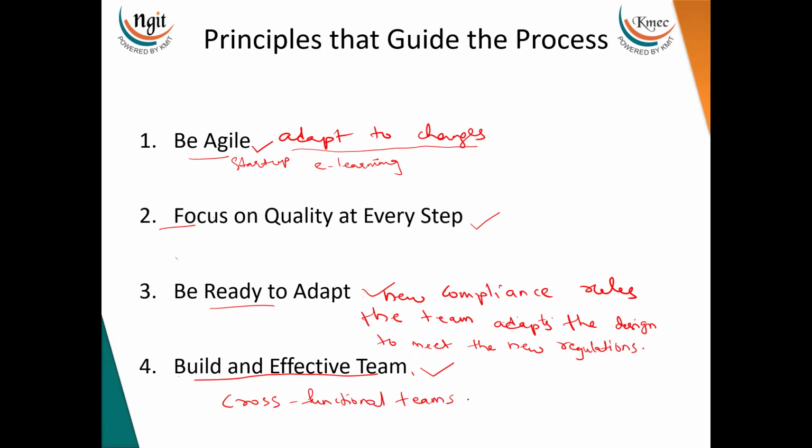What these cross-functional teams do is, they include all the tech people in it, like the developers, designers, testers. All these people together will work as a cross-functional team, such that you will have a very effective team. That is about building the effective team.